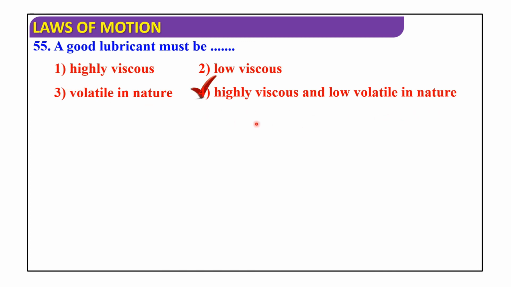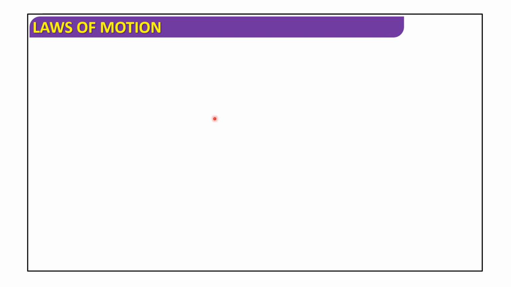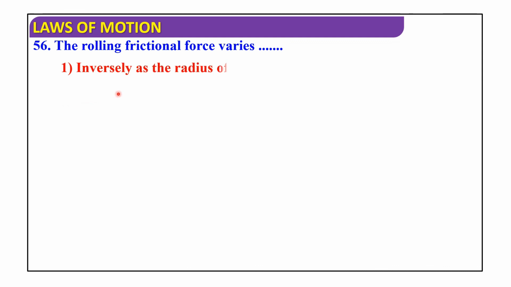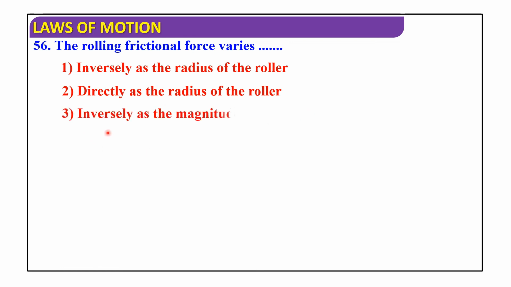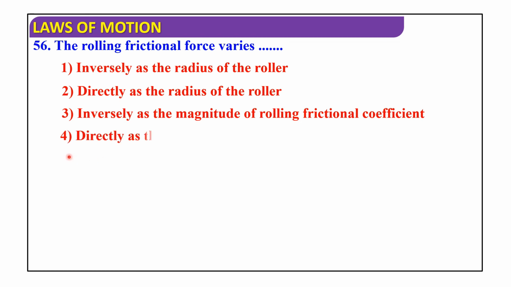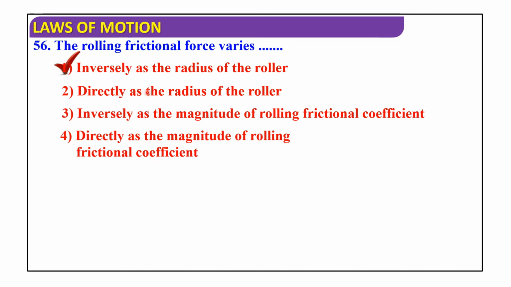Fourth option is correct. Next, the rolling frictional force varies: inversely as the radius of the roller, directly as the radius of the roller, inversely as the magnitude of rolling frictional coefficient, directly as the magnitude of rolling frictional coefficient. So the rolling frictional force varies inversely as the radius of the roller.